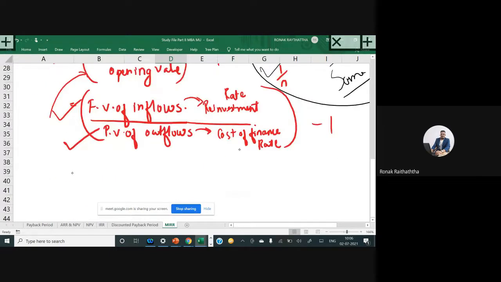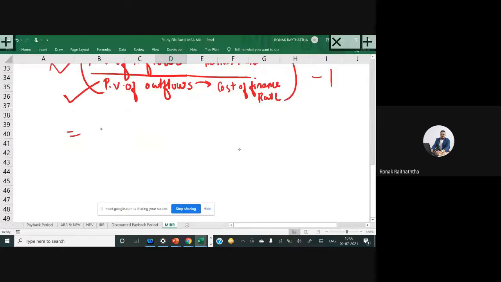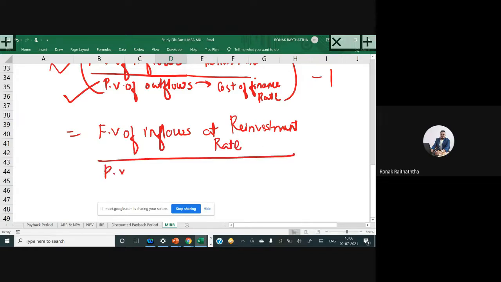So the formula can be written like this: future value of inflows at reinvestment rate, divided by present value of outflows at cost of finance. Please write it down in your book. This is the simplest version of MIRR.